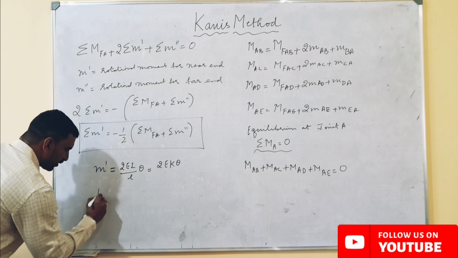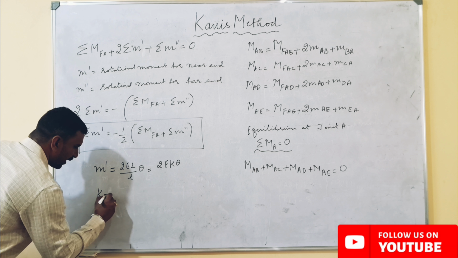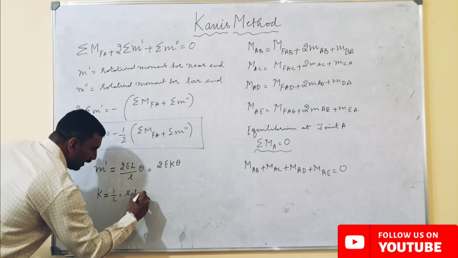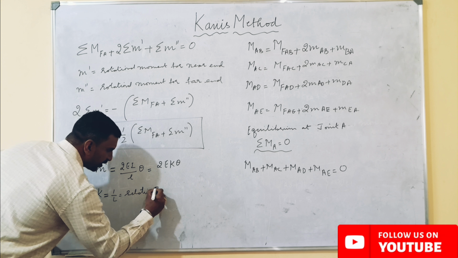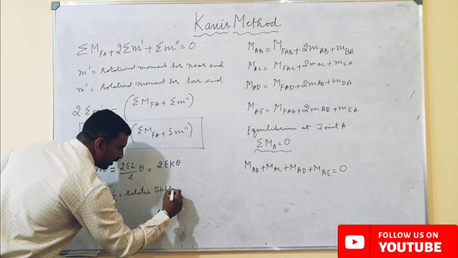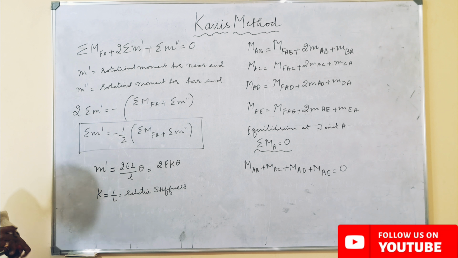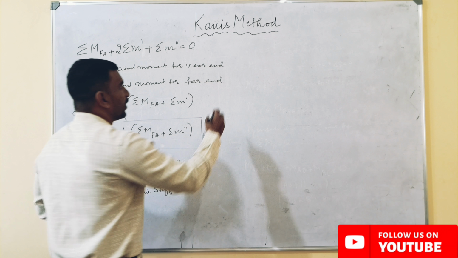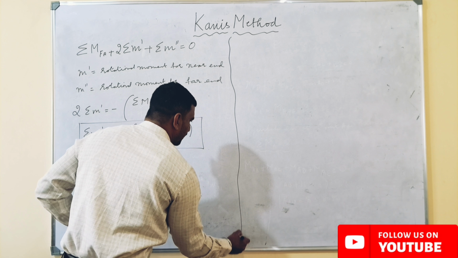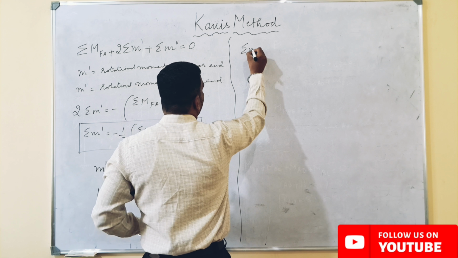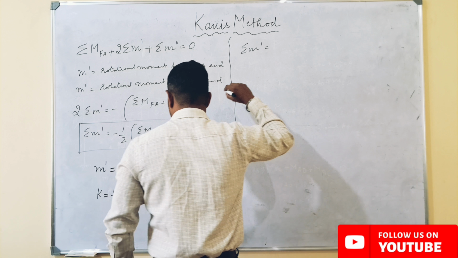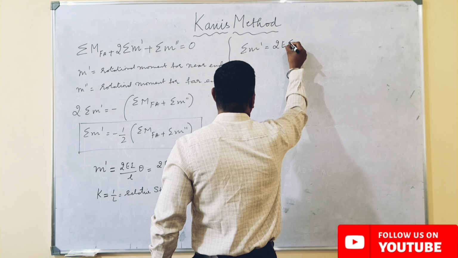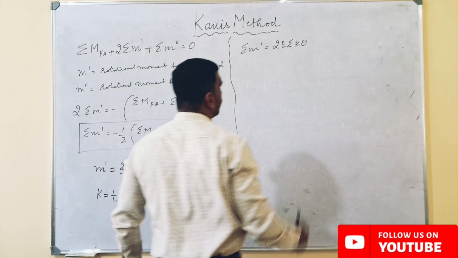So where this K can be related as I by L, which is nothing but the relative stiffness. So now this same M dash, if we write here, sigma M dash can be written as 2E summation of K into theta.